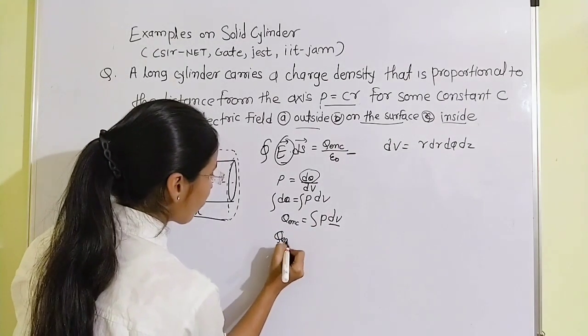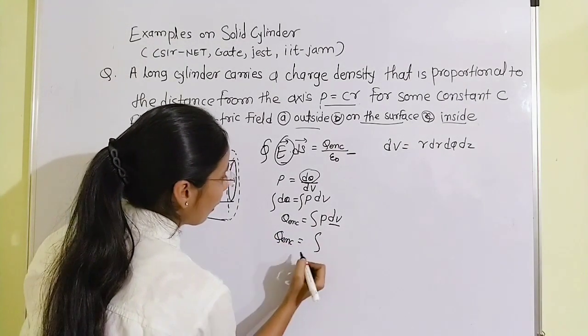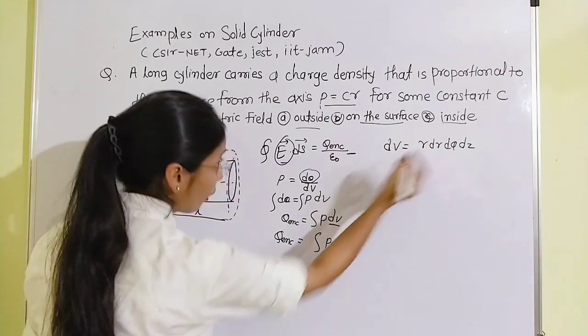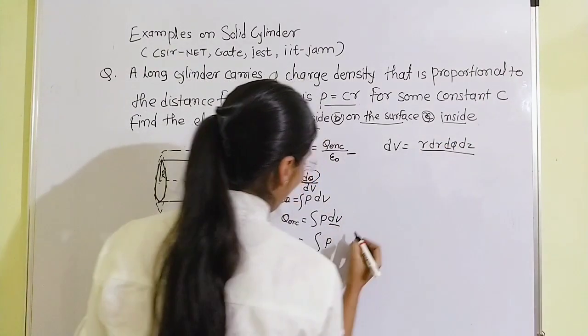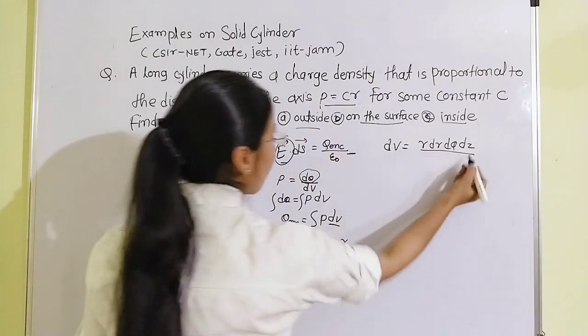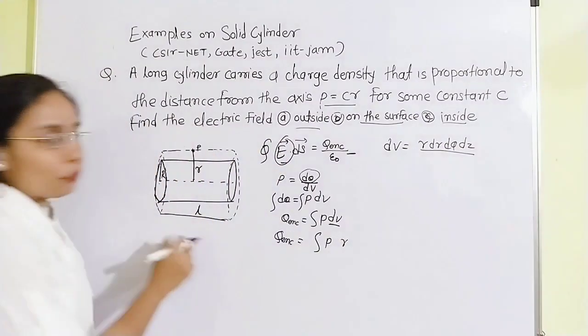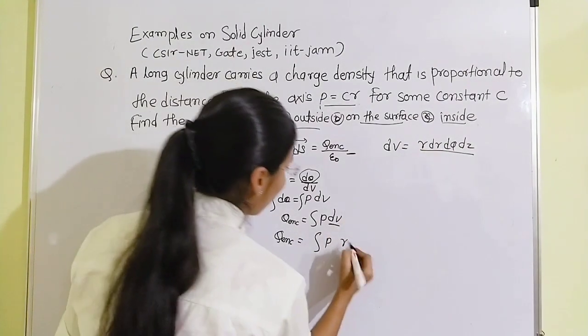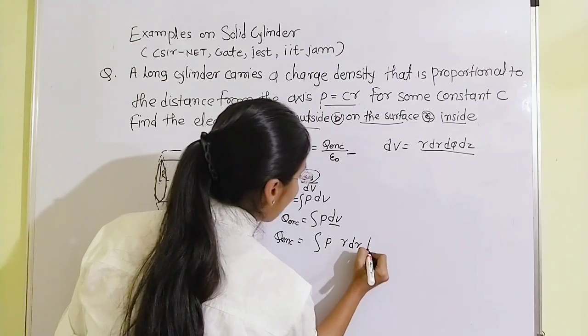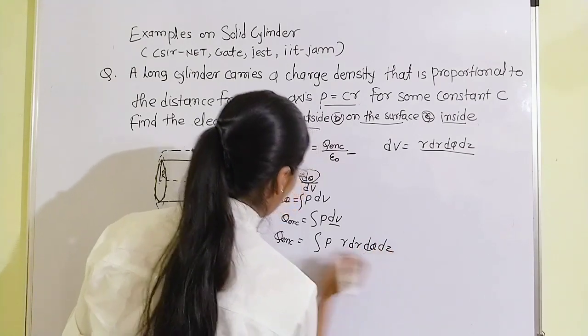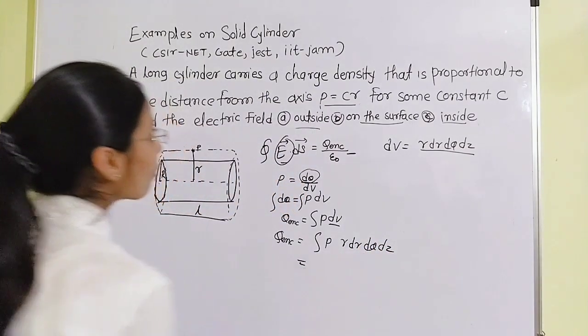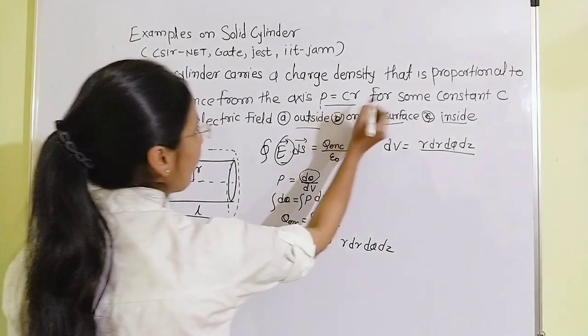Q enclosed is equal to integral rho into this dv. So this is the volume element for the cylinder, so rho into r dr, d phi and dz. What is the value of rho? That is C into r.